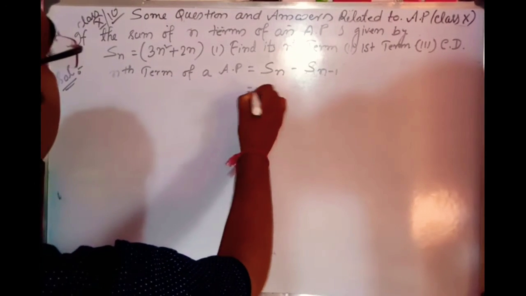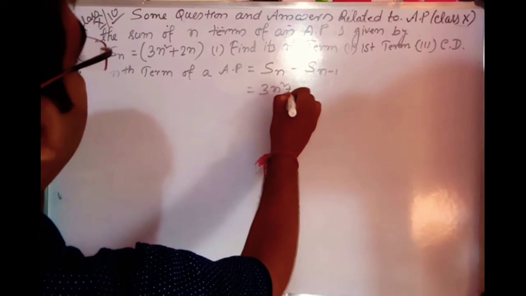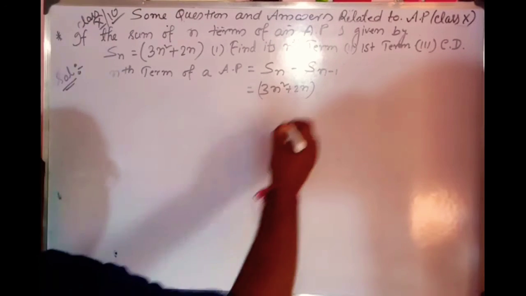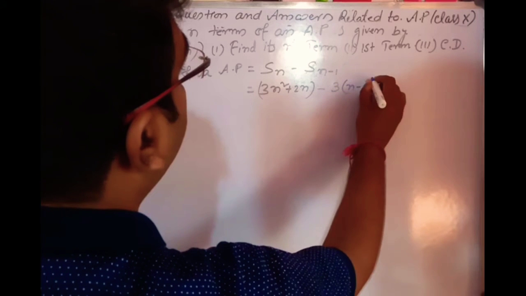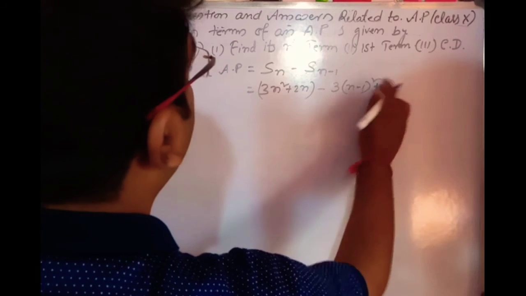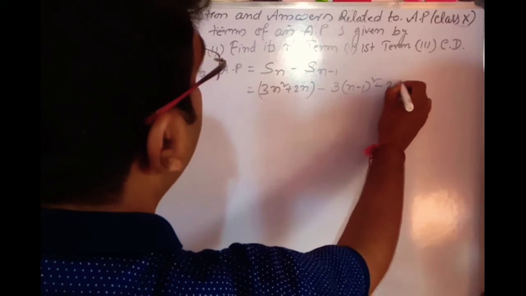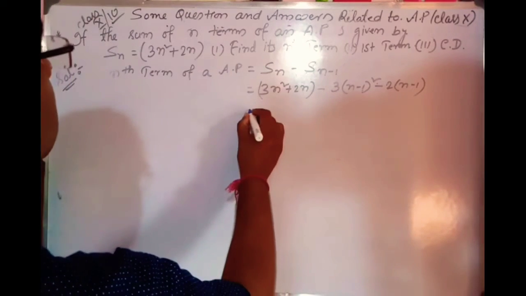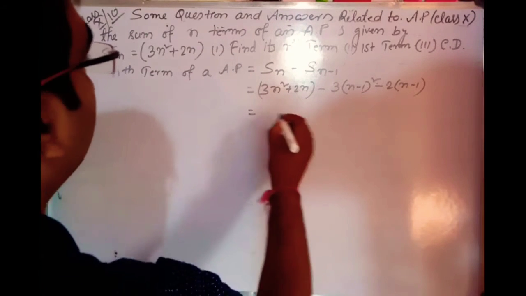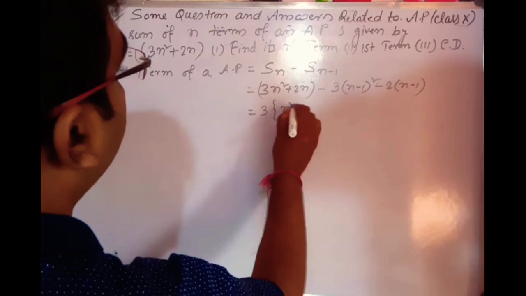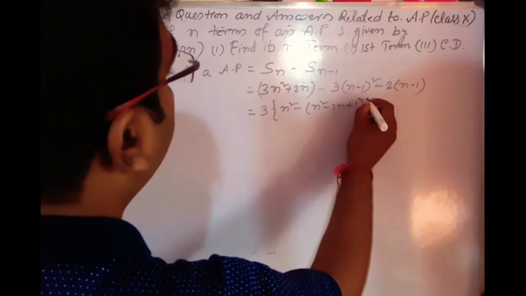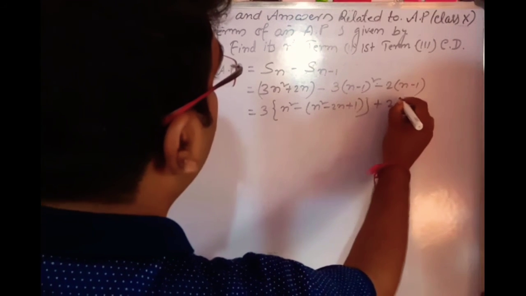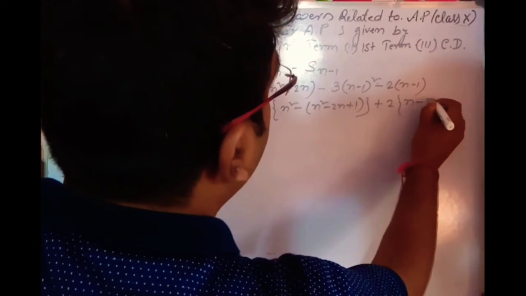Okay, now since here Sn is equal to 3n square plus twice n, minus Sn minus 1, which means 3 into n minus 1 square plus 2 into n minus 1. So if we calculate here, we are getting 3 common, n square minus 2n plus 1, and here if we take 2 common, we are getting n minus n plus 1.